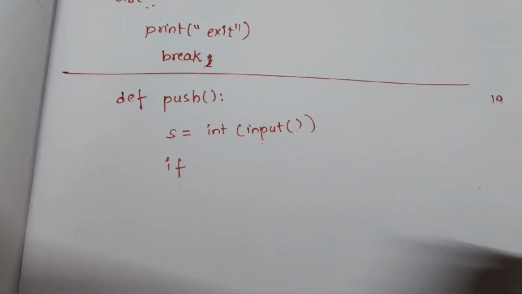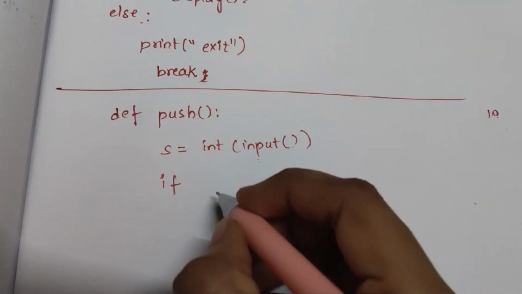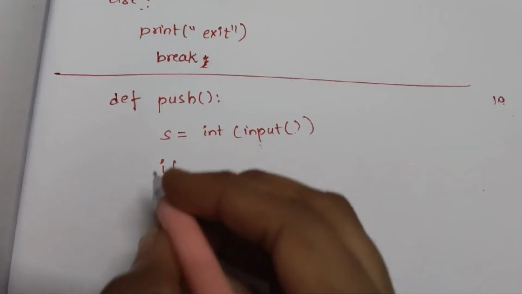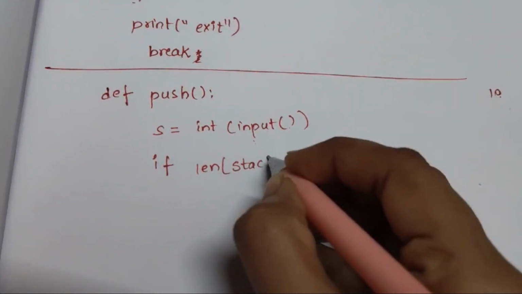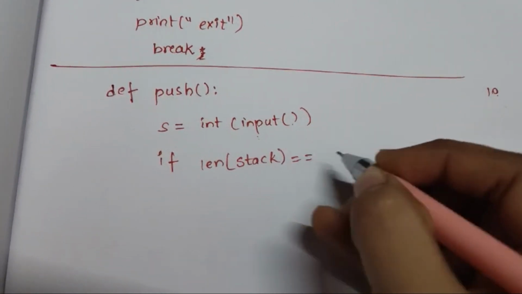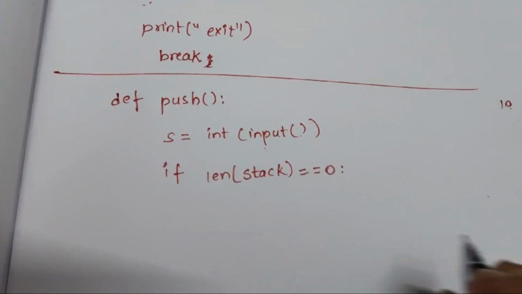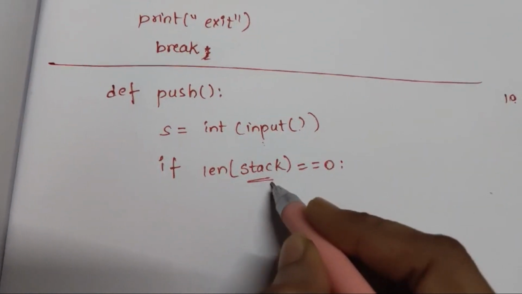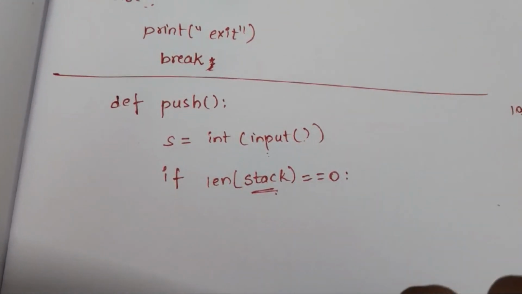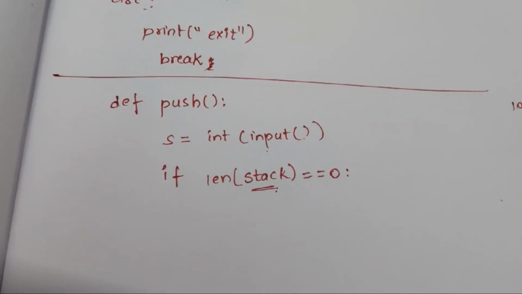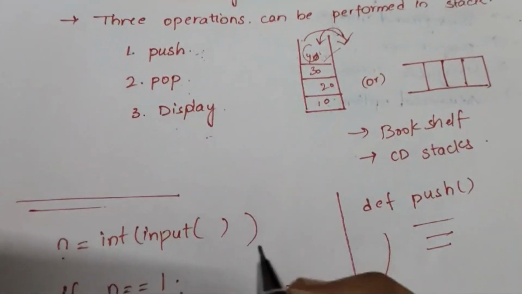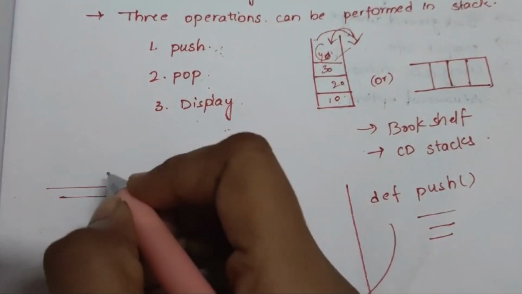If length of stack equals 0, see here we are writing stack, but we haven't declared it anywhere. So what we need to do, we need to declare it first. So here we can declare the stack.